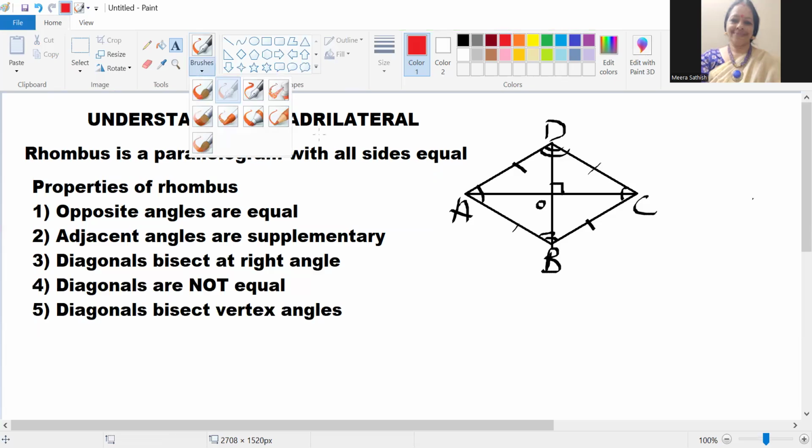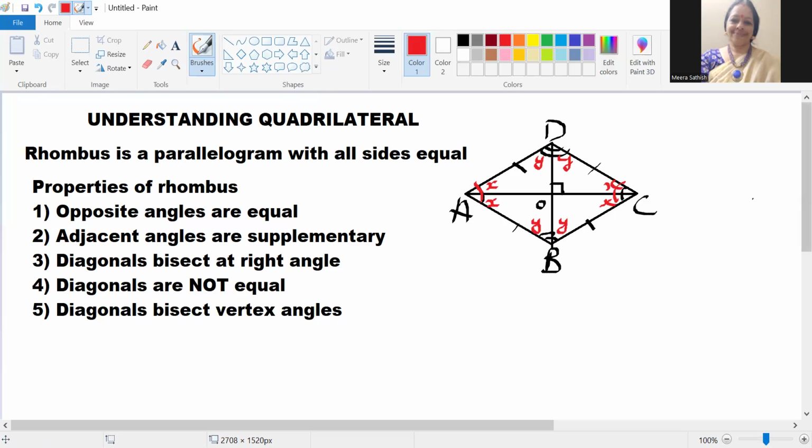Diagonal AC bisects angle A and angle C. That means if this angle is X, this angle also X. Similarly, BD bisects angle B as well as angle D. So if this angle is Y, this also Y, this Y, this Y. That is the speciality of rhombus. It is not like this in parallelogram.